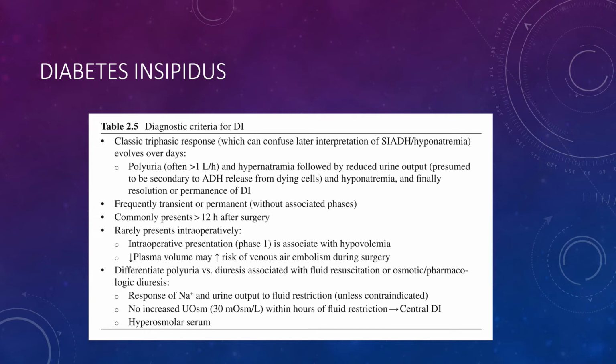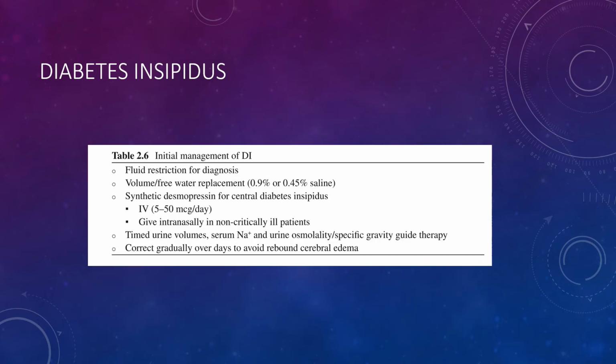And so in terms of treating diabetes insipidus, you want to treat the hypernatremia by estimating the water deficit and then replacing it with free water. In central DI, where there's a decreased ADH, you can treat it with desmopressin, 1 to 2 mics IV BID, or 5 to 50 micrograms per day, as this table shows.